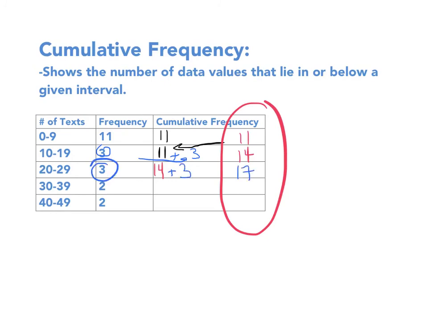So we get 17. I'm going to put that in red. 17. Take that 17, add 2, and we get 19. And then take that 19 and add in the last 2, and we get 21. So from this, we can also see that we have 21 pieces of data that were in our data set.